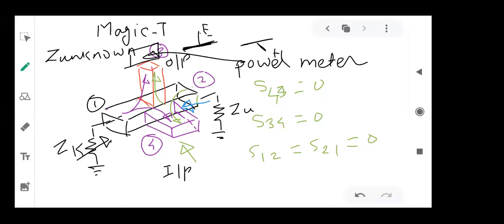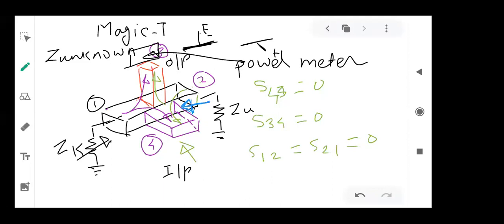From port number 4, some part of the signal, or 50% of the signal, is reaching port number 2, and when it reaches ZU, it compares the waveguide impedance and ZU. It finds that there is a mismatch. Depending on the mismatch, some part of the signal will get reflected back, and I'm using this blue color to represent that reflected signal. Reflected signal means it will once again move back inside port number 2. You can see that the arrow is on the left side.